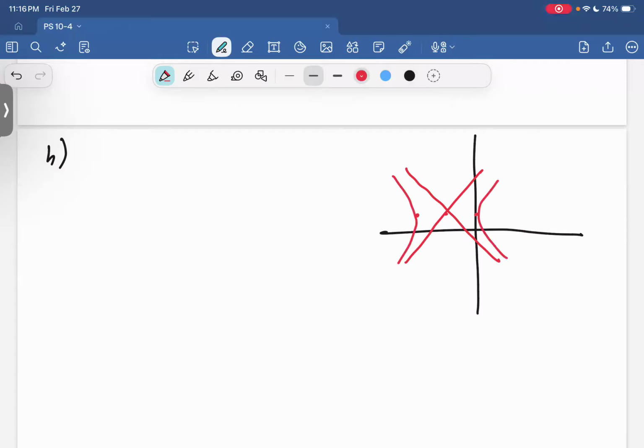So I have a horizontal hyperbola here, right? The center is -2, 1, and A equals 2.